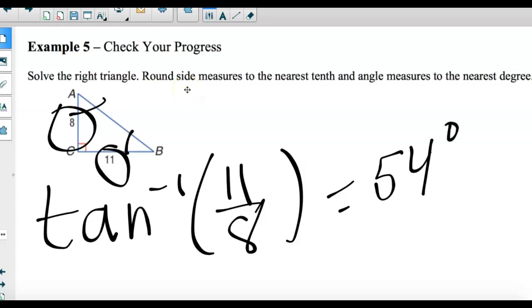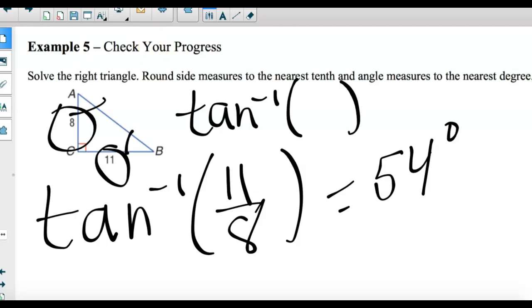To do the next problem, to figure out angle B, again, we're going to use tangent inverse. And this time we have to start over because we've changed the location of our angle. So if we're talking about angle B, this would be my opposite.